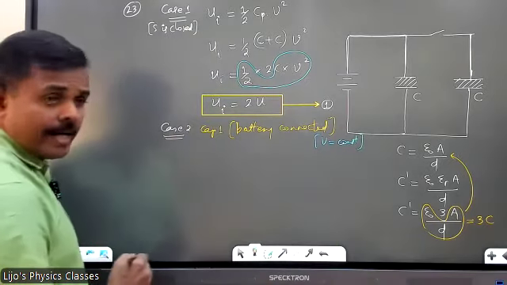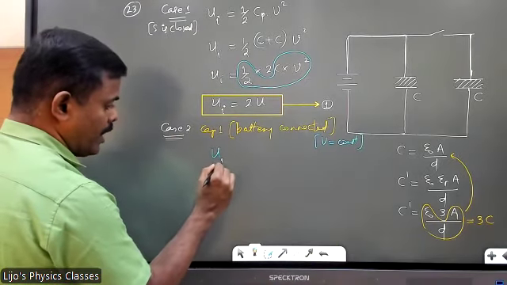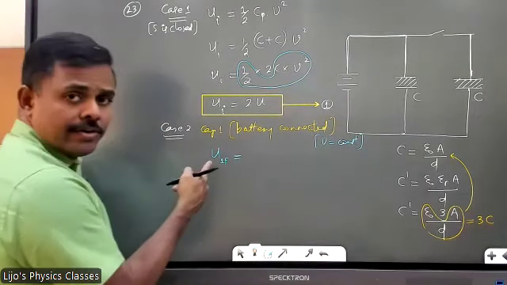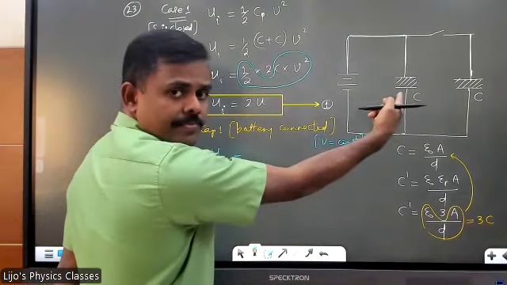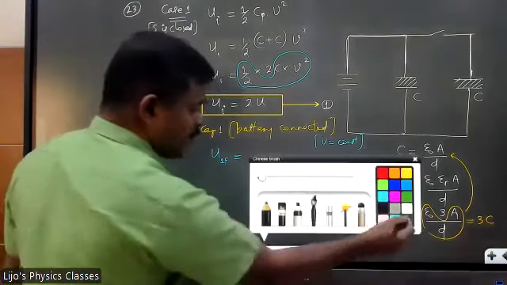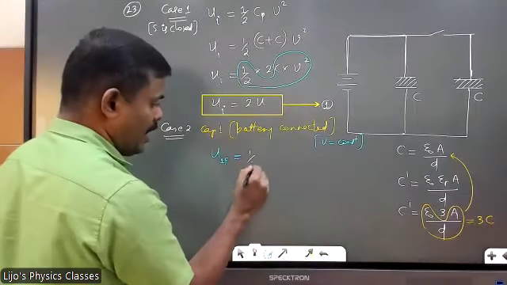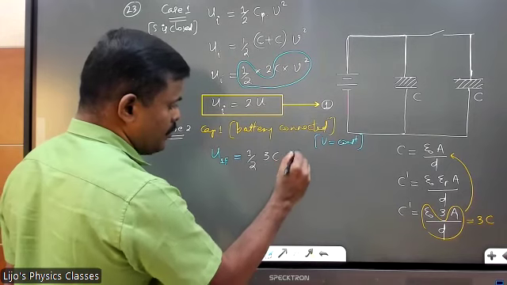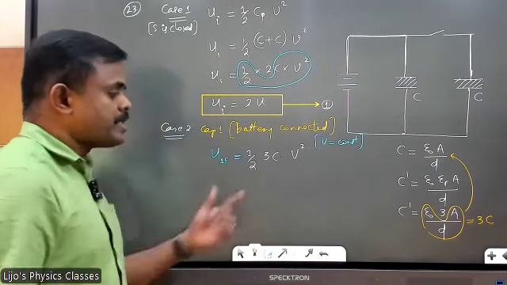So I'm finding energy now. U1F. What is U1F? Energy of the first capacitor, final. Tell me, half into 3C into V square. Why do I use this equation?